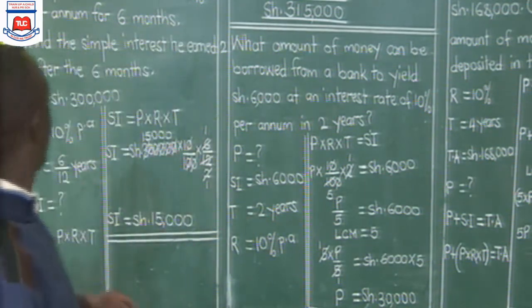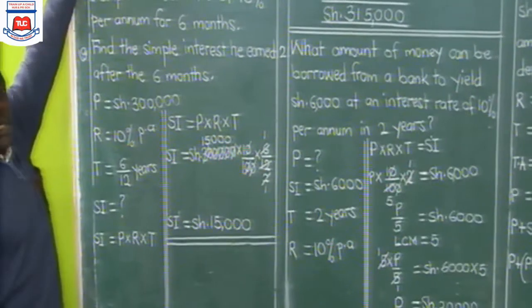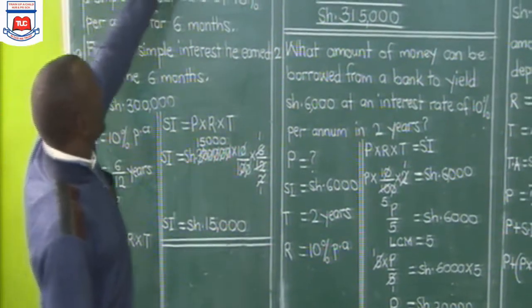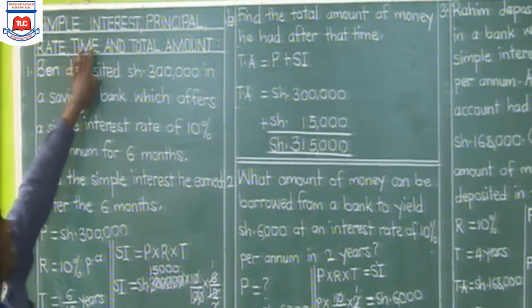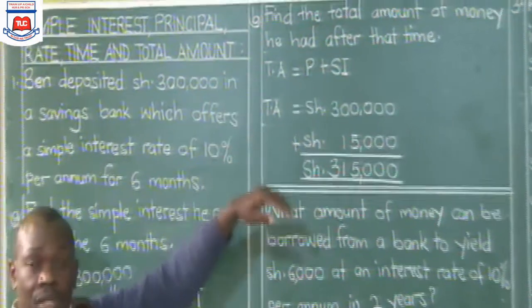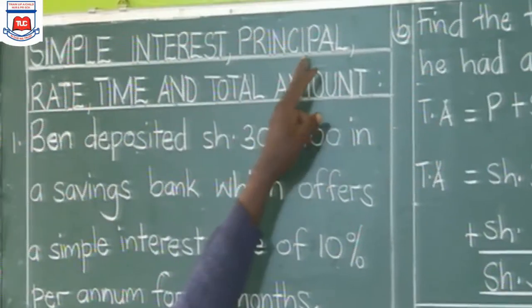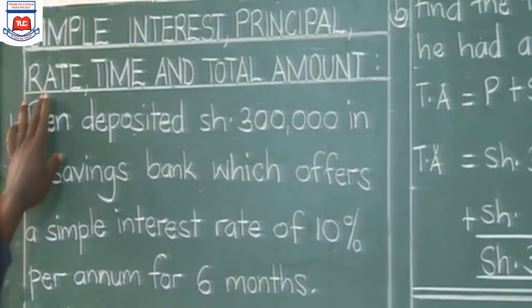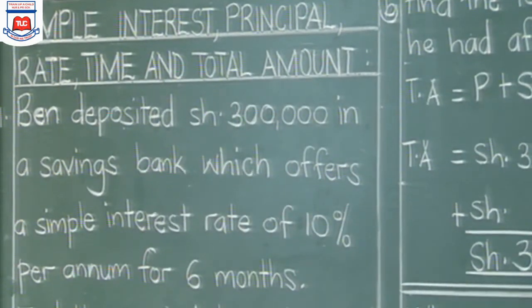Thus, today, we are looking at simple interest, principal, rate, time, and total amount.